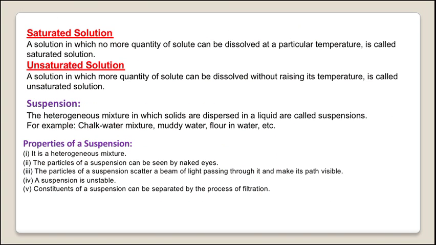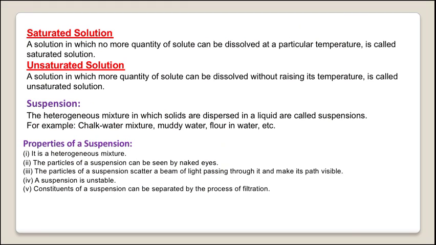Continuing to the next one, we have types of solutions. Although there are three types, I have explained only two because for class 9 two types are necessary to know. Number one, saturated solution: a solution in which no more solute can be dissolved at a given temperature. A solution is said to be saturated if it has dissolved as much solute as it is capable of dissolving at a particular temperature.